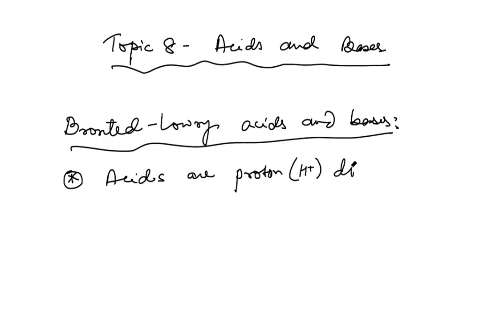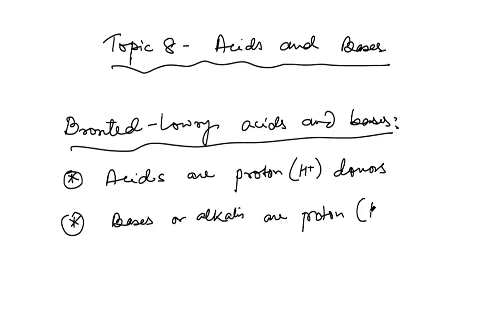Acids are proton donors and bases or alkalis are proton, H ion, acceptors. So a substance which donates H ion is called an acid, and the substances which accept H ion are called bases or alkalis.